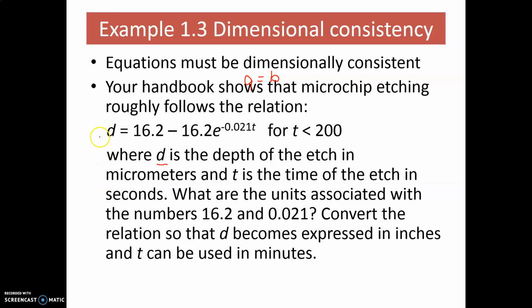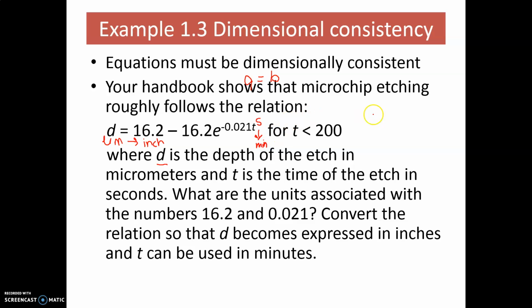Okay, so this the value, the unit is micrometer, and T is the time of the edge in second, so this is in second. So what are the units associated with the numbers 16.2 and 0.021? Convert the relationship so that D becomes expressed in inch, so D need to be converted into inch, and T can be used in minutes, so this we need to change it to minute.